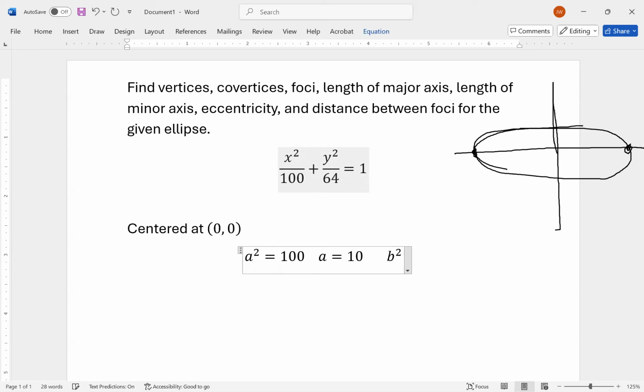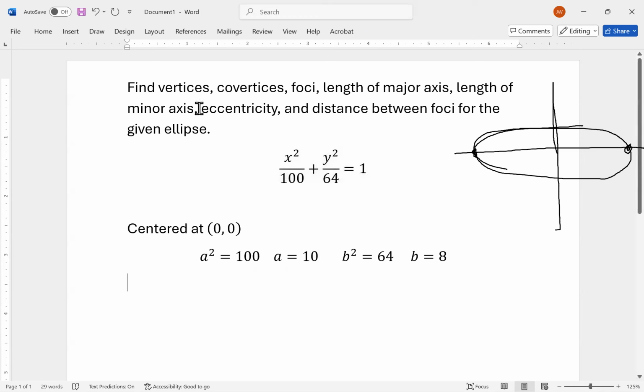Similarly, b squared is equal to 64. So that means b is equal to 8. Now I can decide where the vertices are. Since we start at the center, which is the origin, the vertices have to be a units to the right and to the left. So the vertices are at the points 10, 0 and -10, 0.